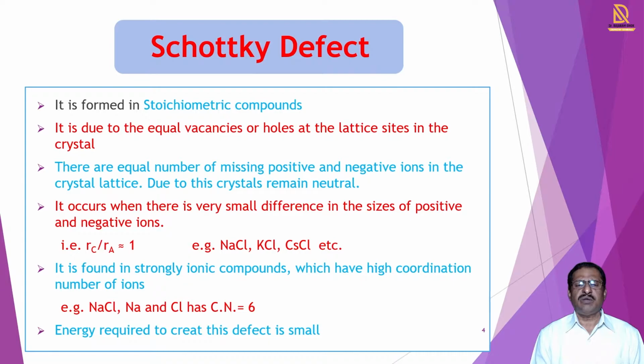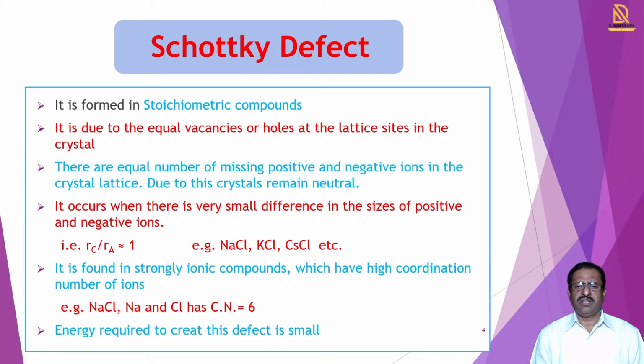This Schottky defect is formed in stoichiometric compounds, and this defect is observed due to equal vacancies or holes at the lattice sites in the same crystal. Means there are equal numbers of missing positive and negative ions in the crystal lattice, and due to this the crystal remains neutral.